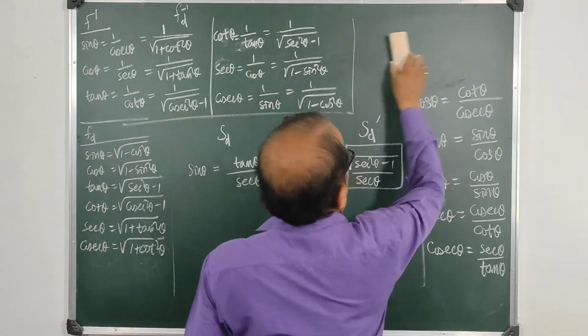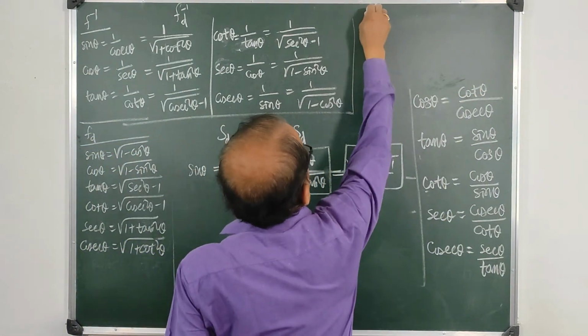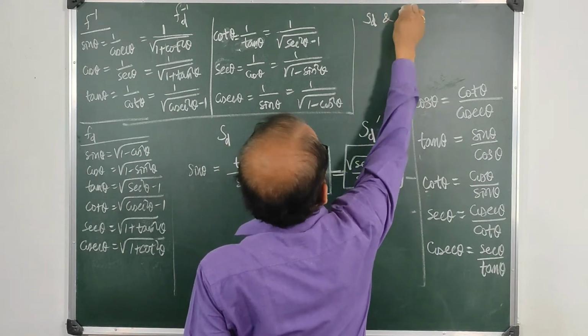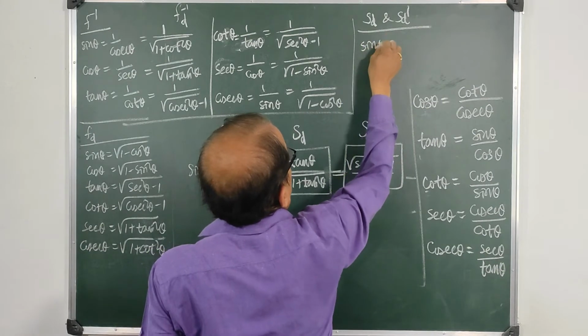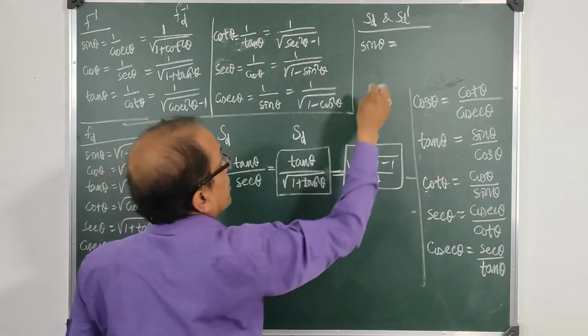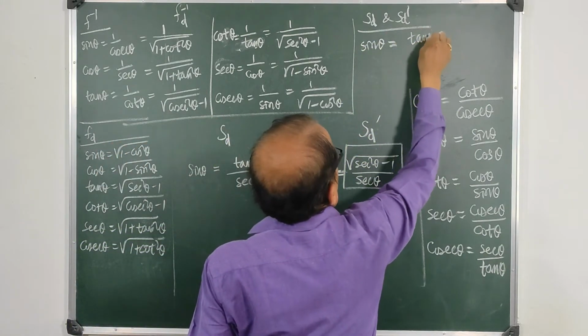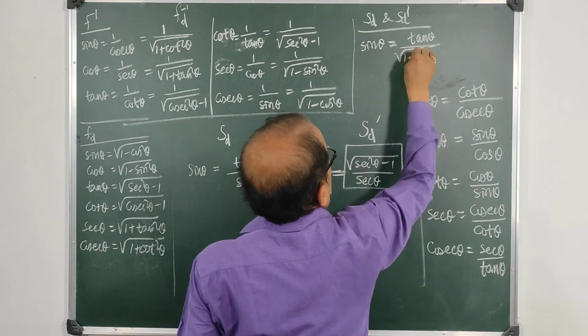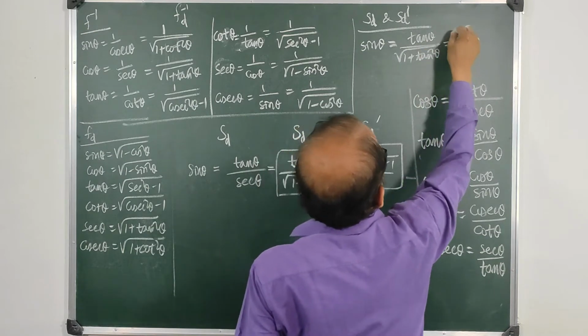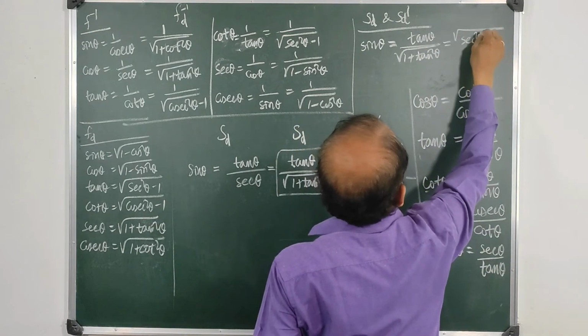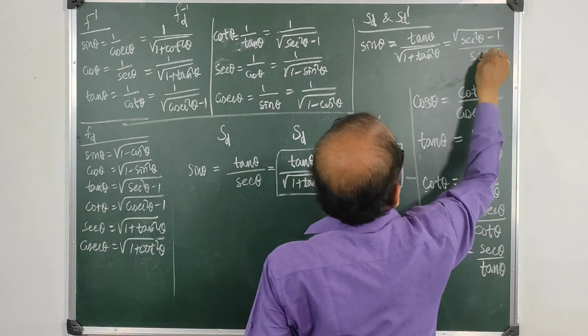Now I write the formula for SD. There sin theta becomes in form of tan: tan theta upon root over 1 plus tan square theta, or root over sec square theta minus 1 upon sec theta.